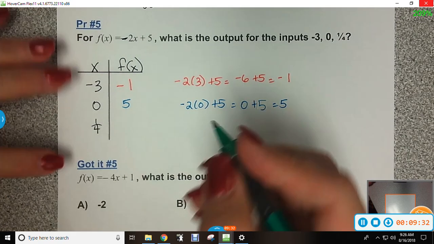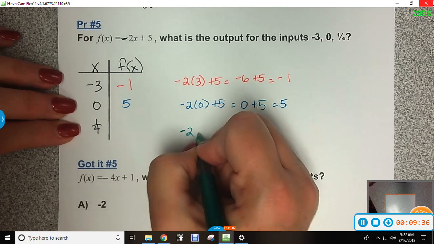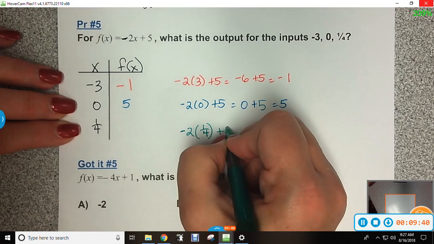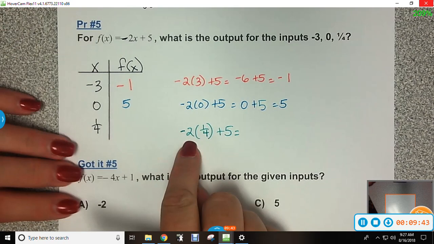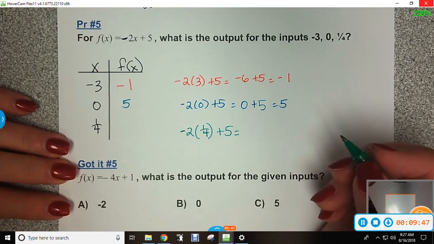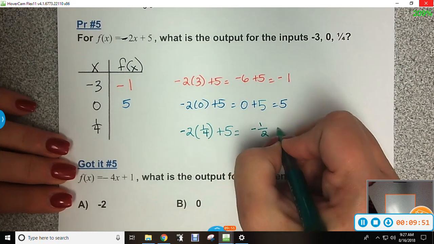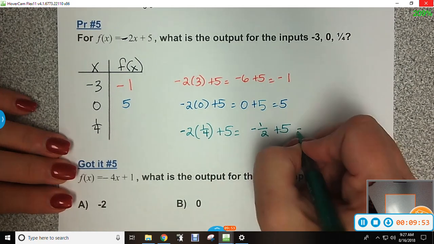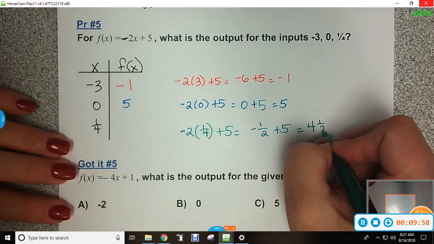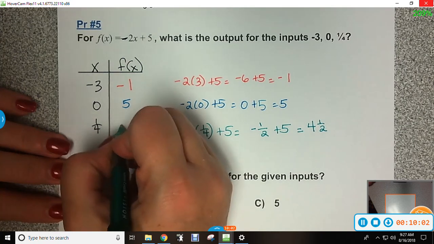And yes, you're going to have to work with a fraction. Take my negative 2 times 1/4 plus 5. When I multiply negative 2 times 1/4, I get negative 2/4, which reduces to negative 1/2 plus 5. When you add those, you get 4 1/2. Or you can say 4.5, you could make it 9/2.